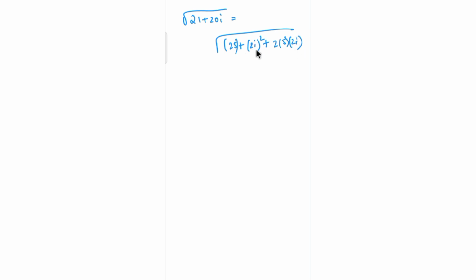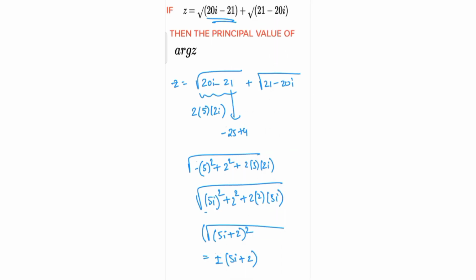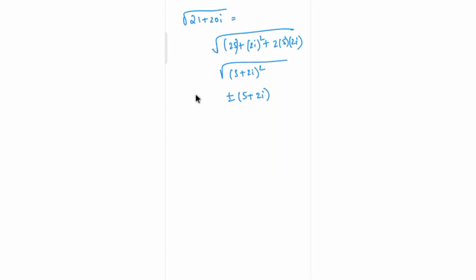Now 2i whole square is 4i square, so 4 into minus 1, it's minus 4. 21 minus 4 is 21, so positive 21. That's the reason I've written it this way. So it is basically 5 plus 2i whole square. So we get this to be plus or minus 5 plus 2i. So totally the first term is plus or minus 5i plus 2, and plus or minus 5 plus 2i.